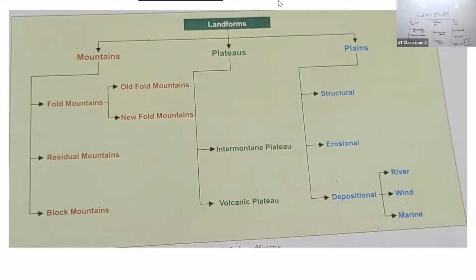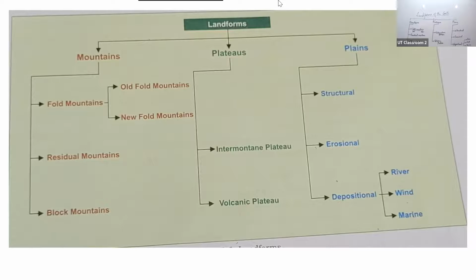Other you want to do this review exercise में से कुछ. What are called endogenic forces? Do this. वो छोड़ दो, वो बाद में करना. Do this. I'll give you two only.